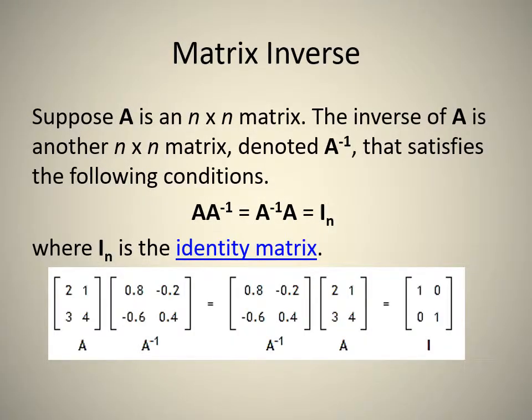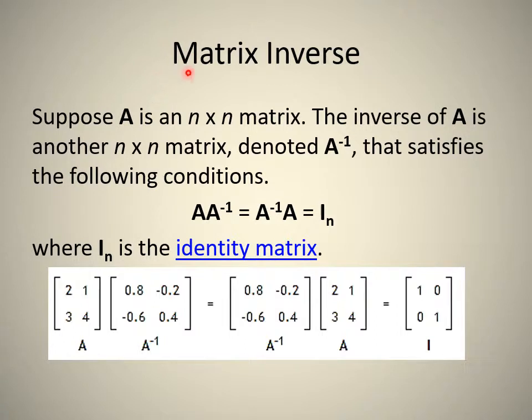We kick off by talking about the inverse of a matrix, and this is very important as we need the inverse to assist us in calculating the values of these unknowns.